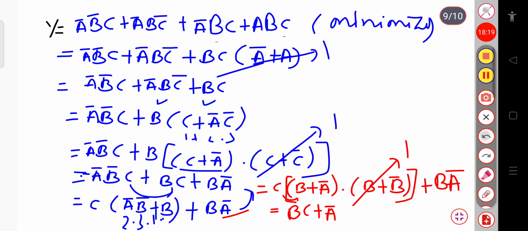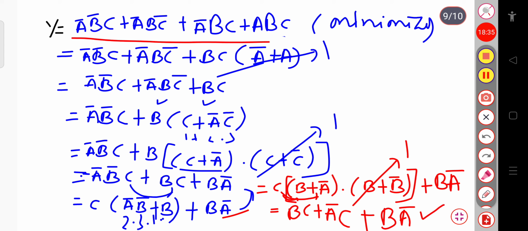So, this will be a bar c, if I multiply c here, a bar c plus this term b into a bar. So, this is our minimized expression. You can see that this is our given condition, and we have reduced it to bc plus a bar c plus b into a bar, or this is simply a bar b.